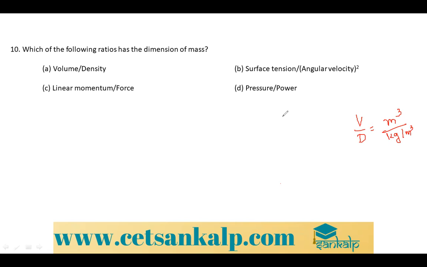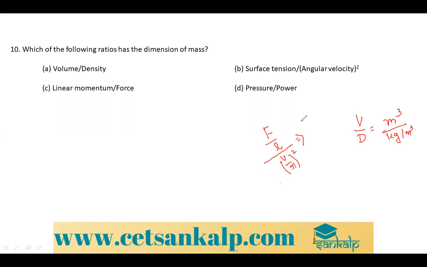Okay, we will go for the second one. So what is the formula for surface tension? Okay, surface tension formula is F by L, the whole divided by, okay, angular velocity is given by V divided by R, the whole square. Okay, then what is the SI unit?